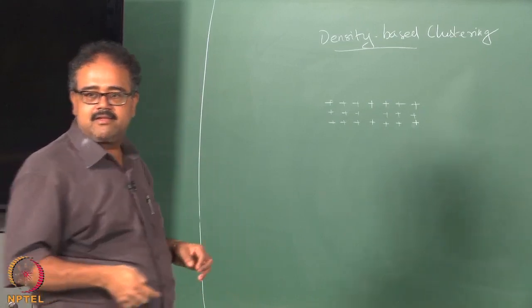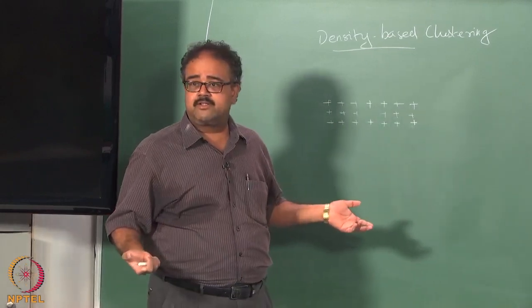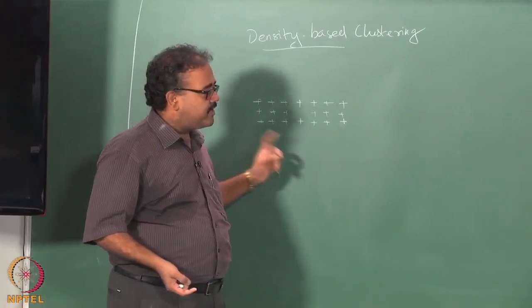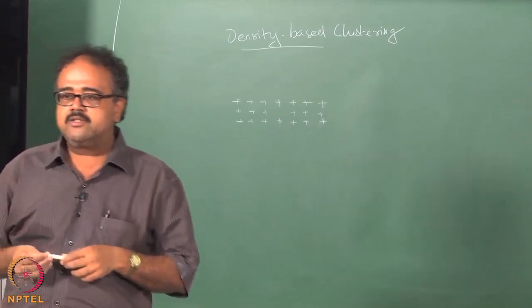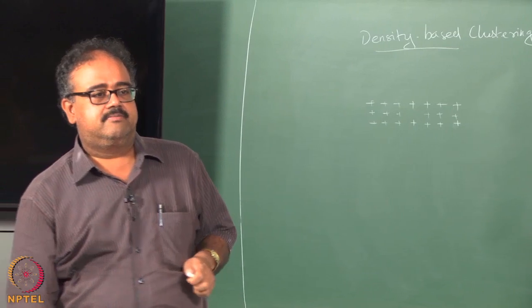If you run k-means you might get anything, I do not know, depending on where you start off. So the question is, if your intuitive notion of clustering has to do with density, why do not you try to come up with a clustering algorithm that captures this notion of density?